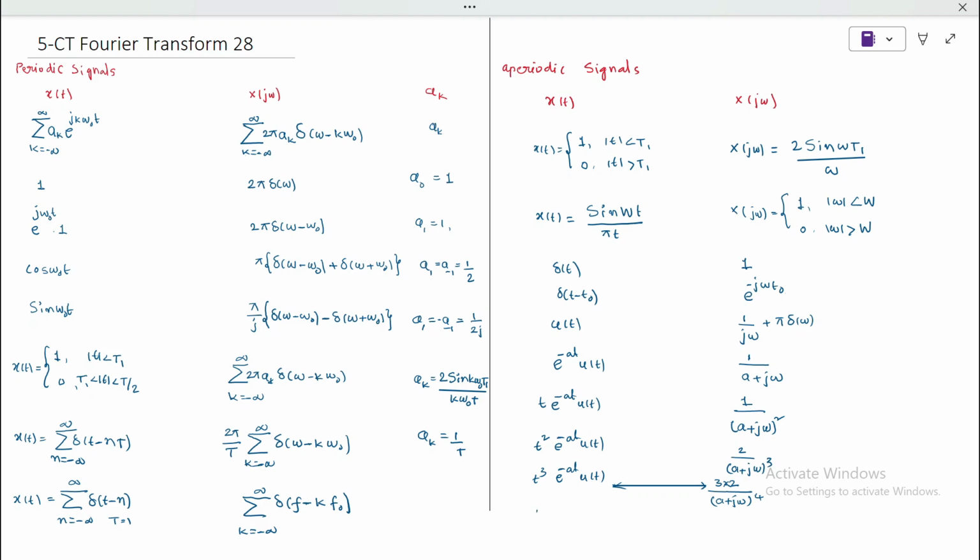So in the last step, t power n minus 1, so the factorial, so this is 3 factorial.